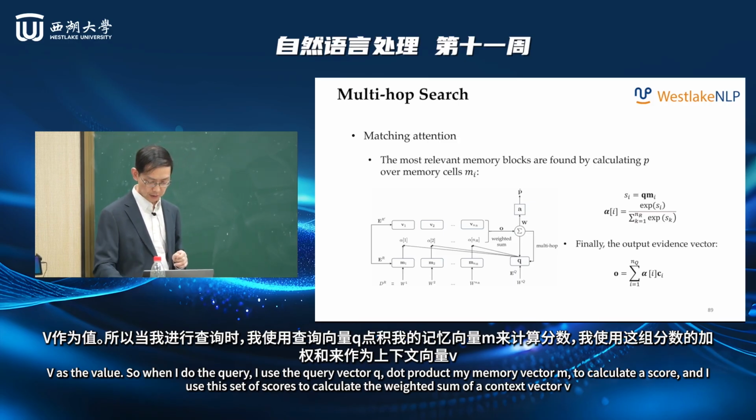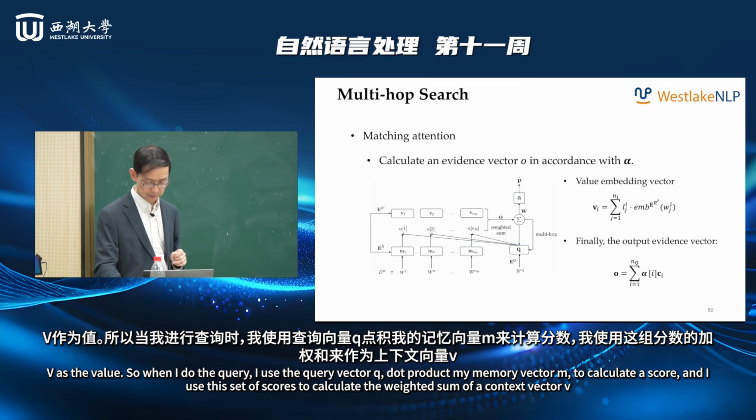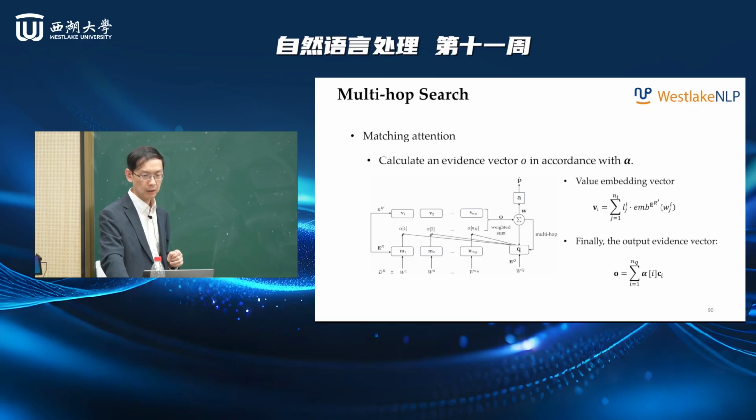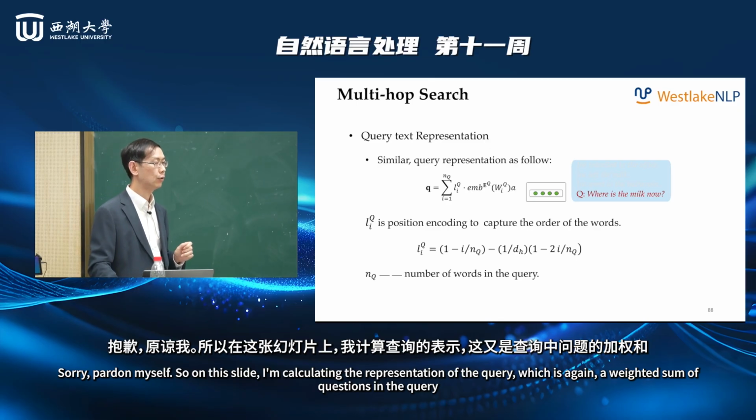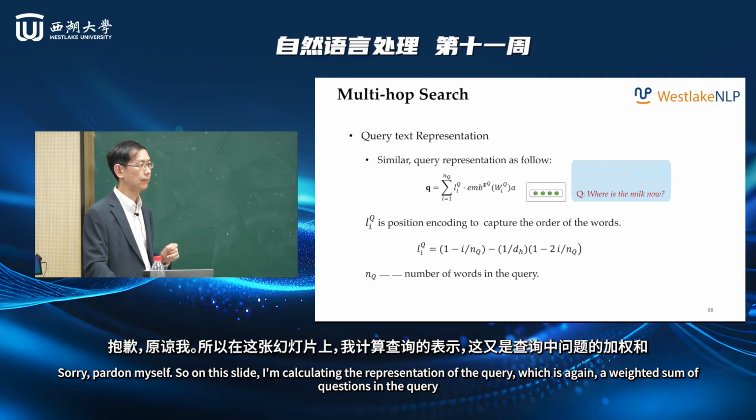And I use this set of scores to calculate the weighted sum of a context vector V. Sorry, pardon myself. So on this slide, I'm calculating the representation of the query, which is again a weighted sum of words in the query.